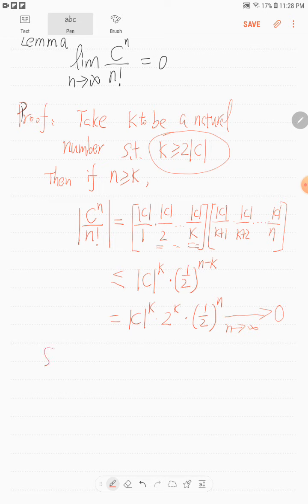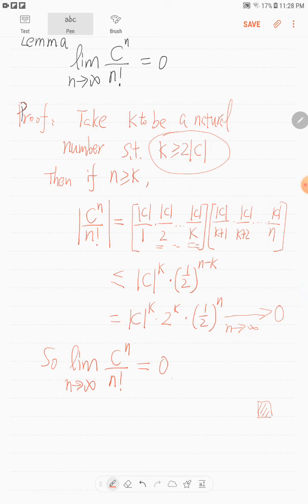So that means the limit as n approaches infinity of c to the n over n factorial would be 0. This is by the definition of the limit. So we finished this result.